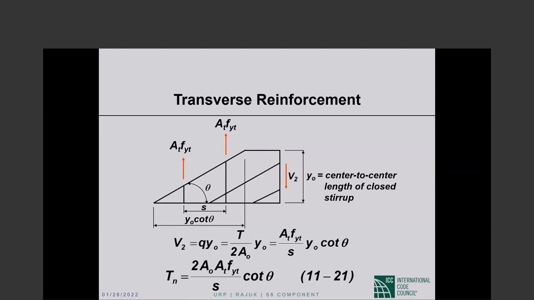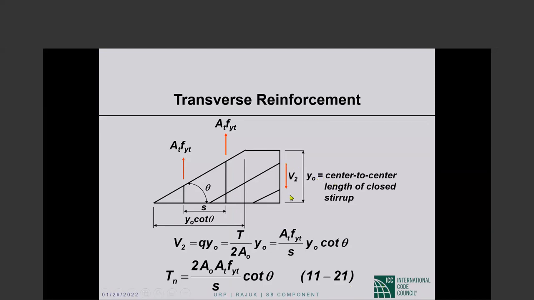So the number of closed ties that are crossed by a crack is y0 cotangent theta divided by the spacing s. So the number of closed ties crossed by a diagonal crack would be y0 cotangent theta divided by the spacing.